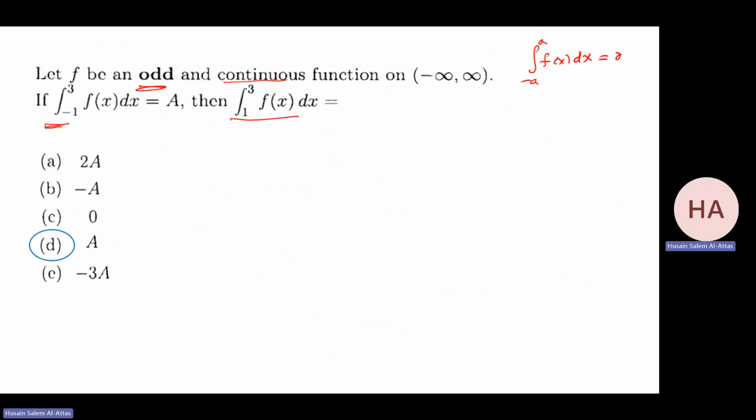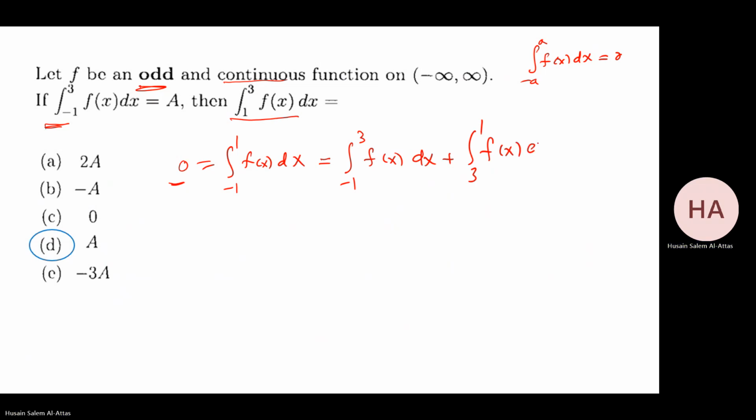Okay, so the integral from minus 1 to 1 of f of x dx, that will be 0 for sure. And this one, I can rewrite it: the integral from minus 1 to 3 of f of x dx, plus the integral from 3 to 1 of f of x dx.